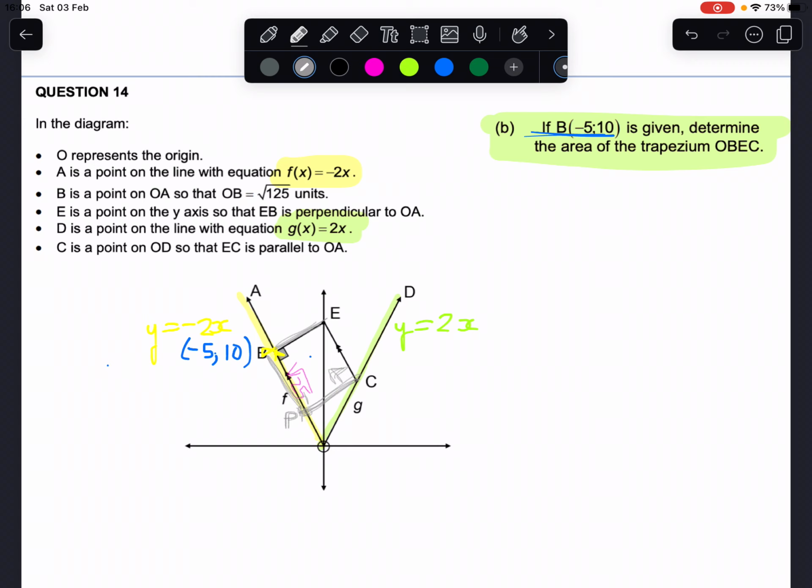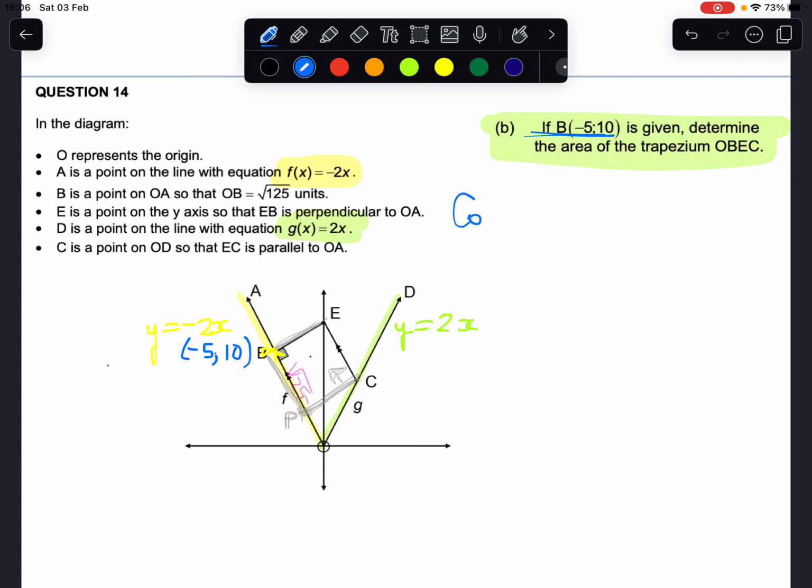So if we can find the coordinates of P, then we can find the length of BP, because we know the coordinates of B. So that's one train of thought I'm having. Then we also need to find the coordinates of E, so that we have the length of BE. I feel like I want to start with BE. I'm just going to write down here so that the examiner knows where P is coming from.